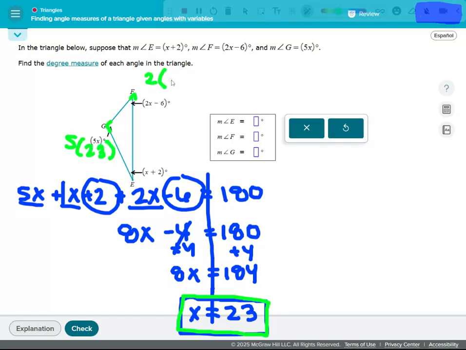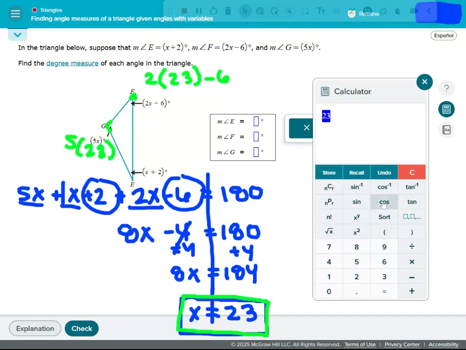So 2 times 23 minus 6. And again, we can use that little calculator tool. So 23 times 5 is going to be 115 for angle G. For F, 23 times 2 is 46, minus 6 is 40.